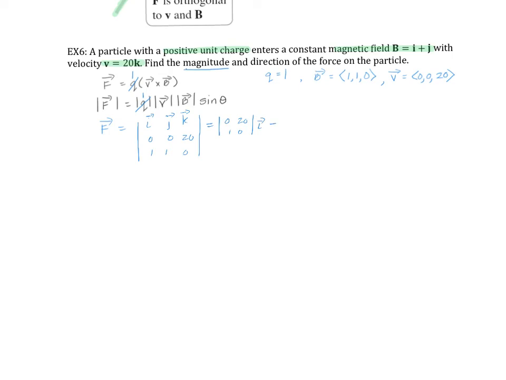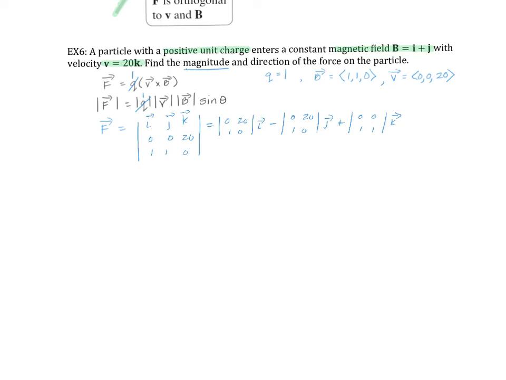Coefficient on i minus, k is covering, or j is covering j, I get 0, 20, 1, 0. Well, same thing. And that would be my j plus k, cover k, and you get 0, 0, 1, 1. And that's your k coefficient.